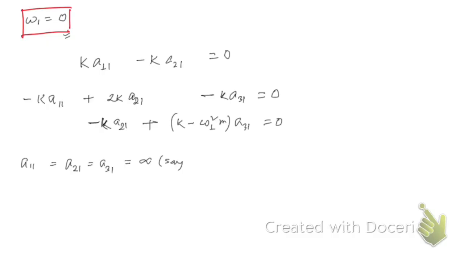Similarly here also omega 1 is 0, so we end up getting k into a31, right? Now if you divide all these equations by k, k cancels in each of them. So I have divided both sides of these three equations by k, and we have got these three equations.